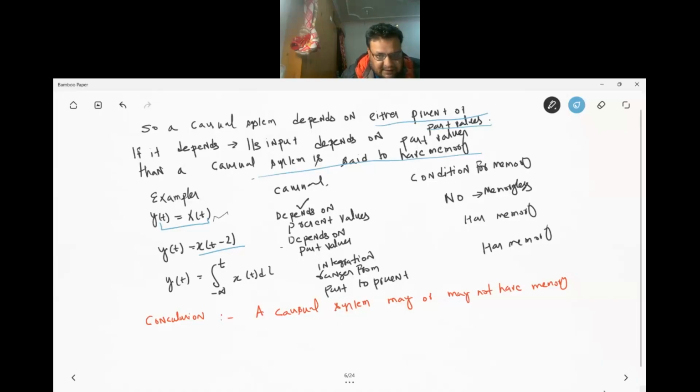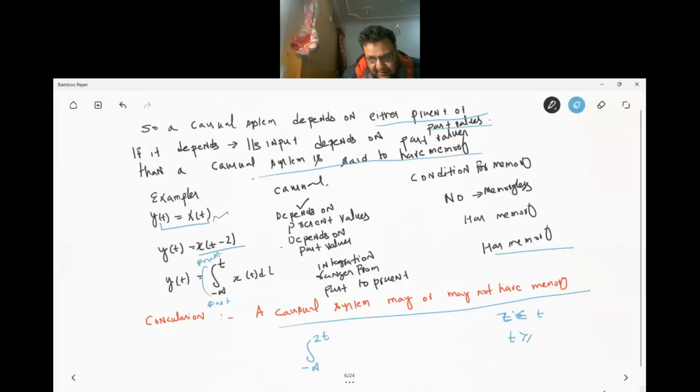Now here you see the integration ranges from the past values to the present, and in past to present you have memory. So it is a causal system. Suppose it was from minus infinity to 2t; the tau value should always be less than or equal to t.